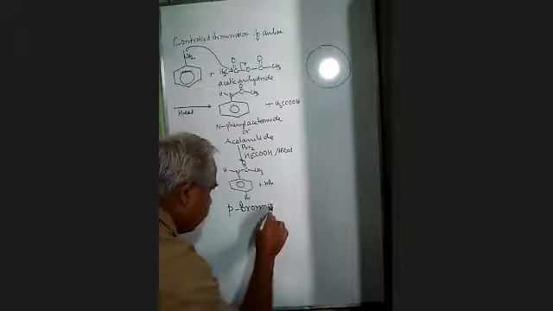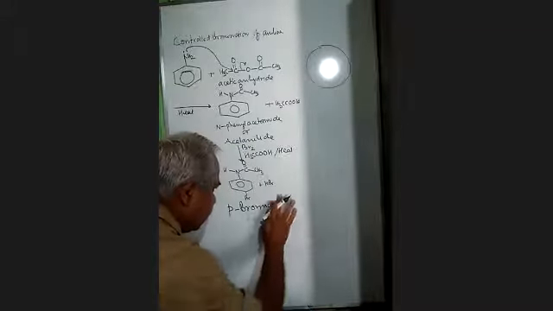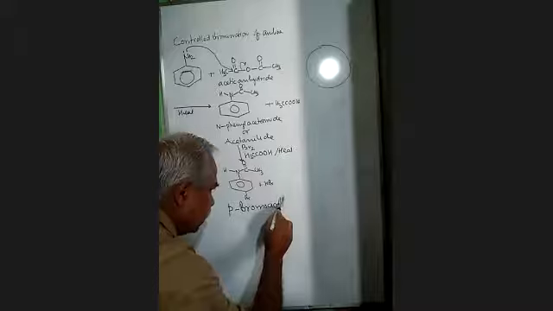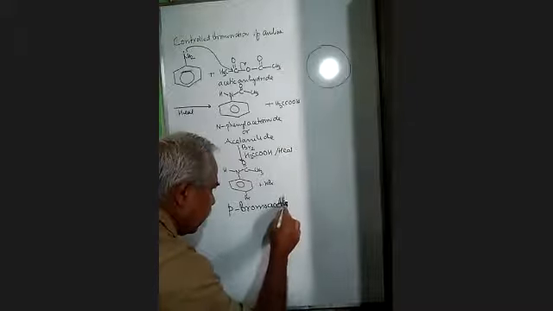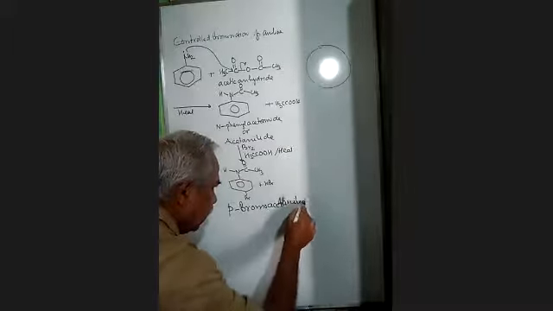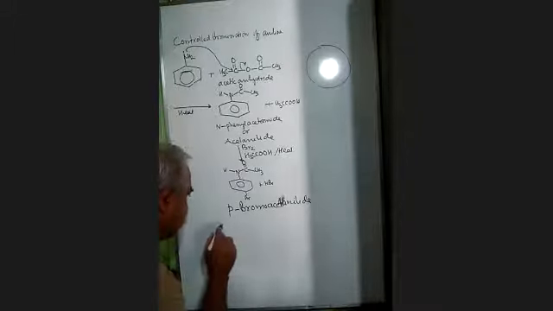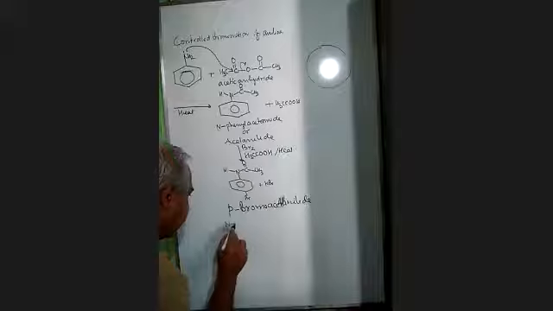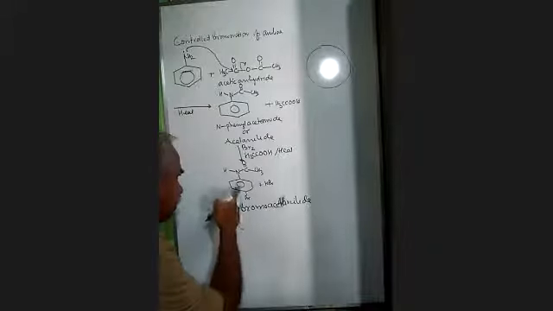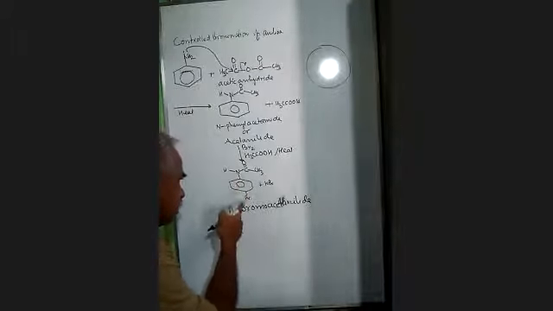Para-bromoacetanilide. Okay. Para-bromo. And what will be the IUPAC name? See, a phenyl is substituted here, and this is a substituted phenyl.